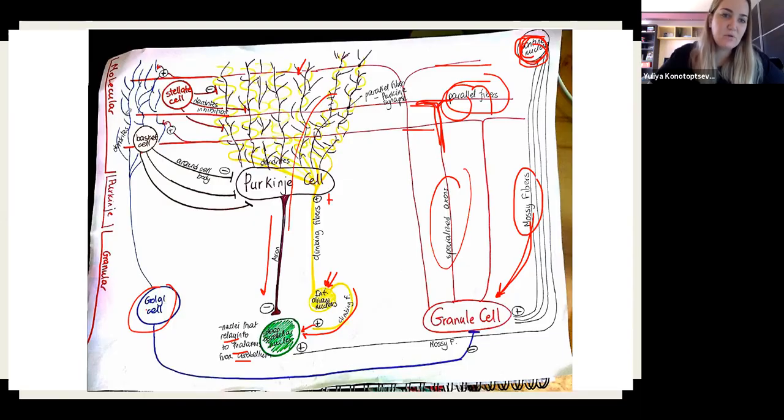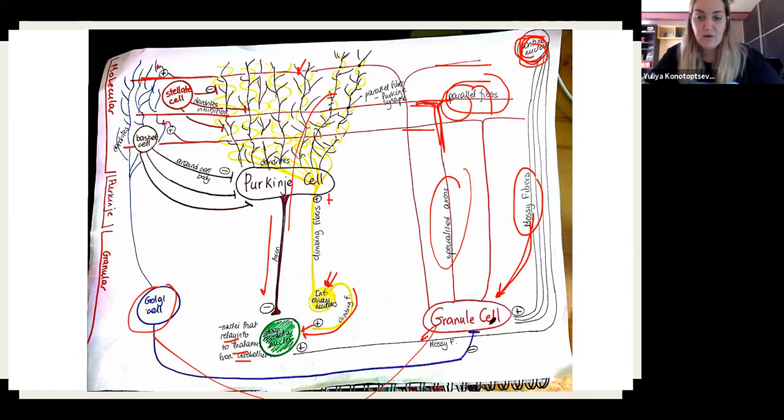It's a cycle because the Golgi cell synapses with the parallel fibers of the granule cell. So if the granule cell is too active, the Golgi cell will be able to inhibit it. There is a threshold. It's all about a threshold. Can you pass that threshold or not?